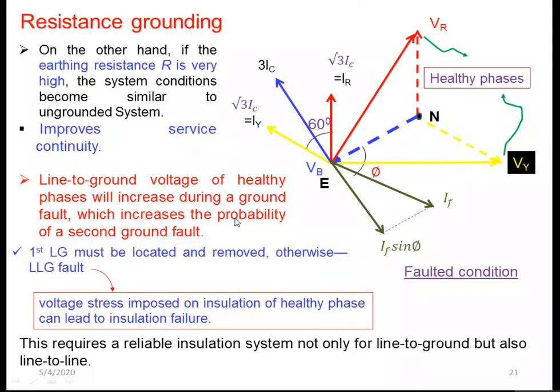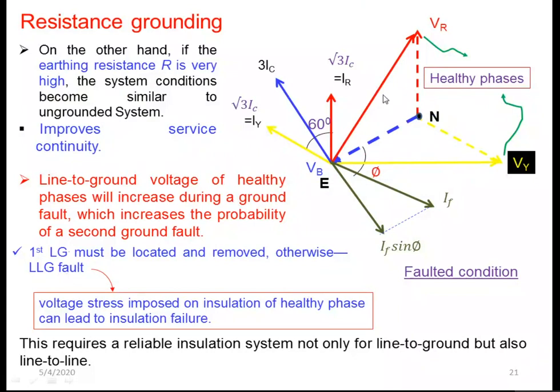But in this situation, it will increase the probability of a second ground fault. How is it? Because when we have the first line to ground fault, it is to be located or removed. Otherwise, it will result in a line to line ground fault.